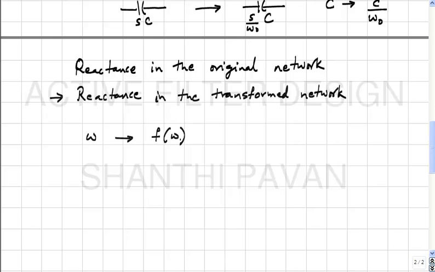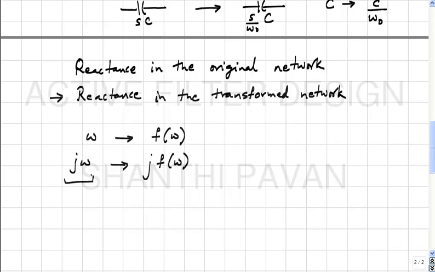Evidently, not all f of omegas will result in a physically realizable network. So if omega is transformed by some f of omega, then j omega must transform to j f of omega. Correct?